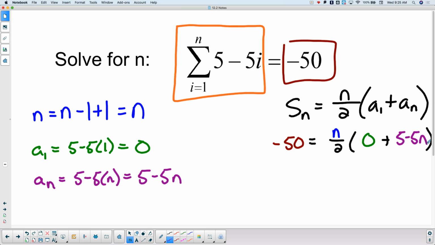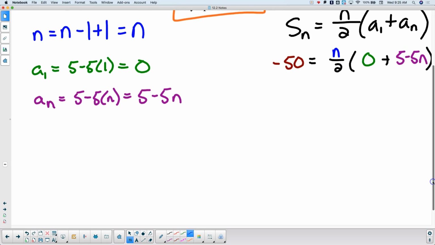All right. What do you want to do? Distribute? No, multiply everything by 2. The only reason I would multiply everything by 2 is because 5 is not an even number. If everything inside there was even, then I would distribute. But in this case, I would multiply by 2 first.